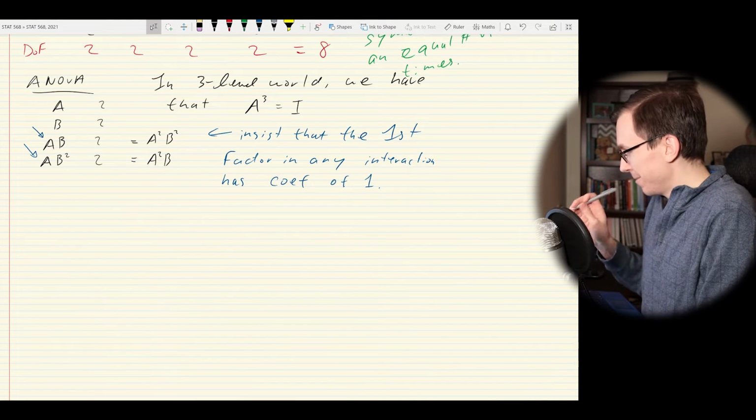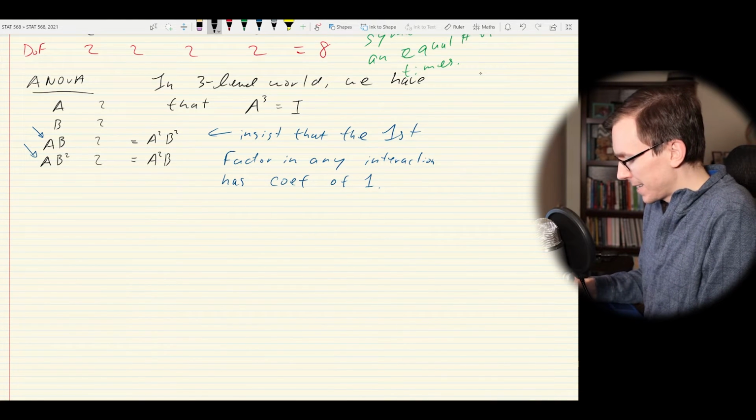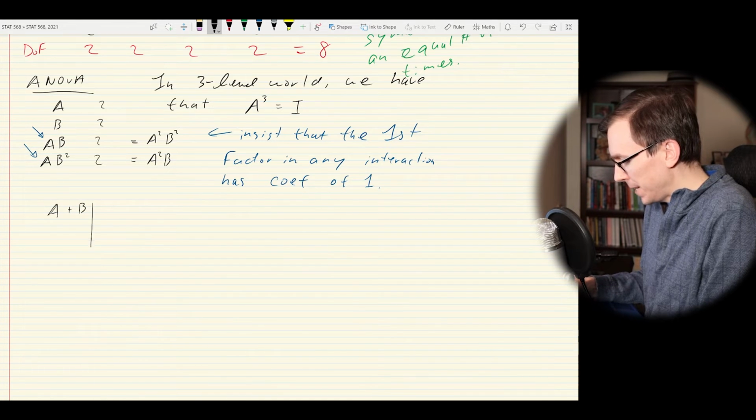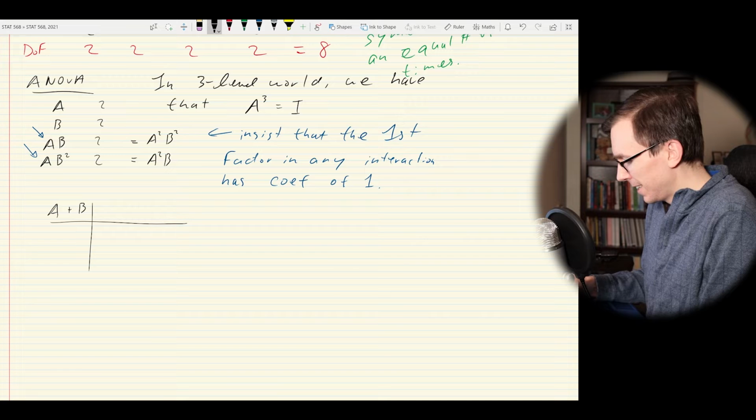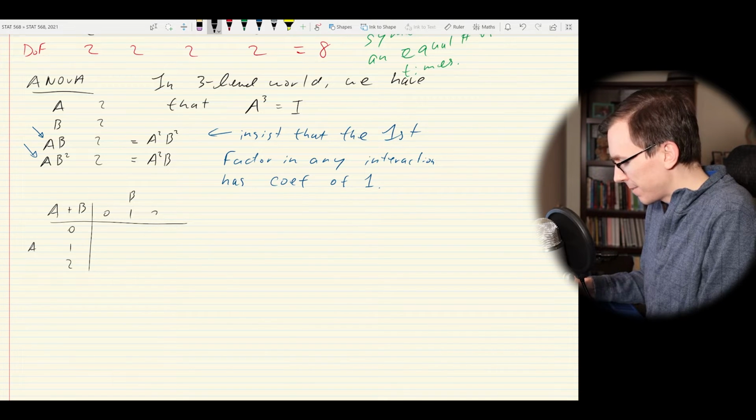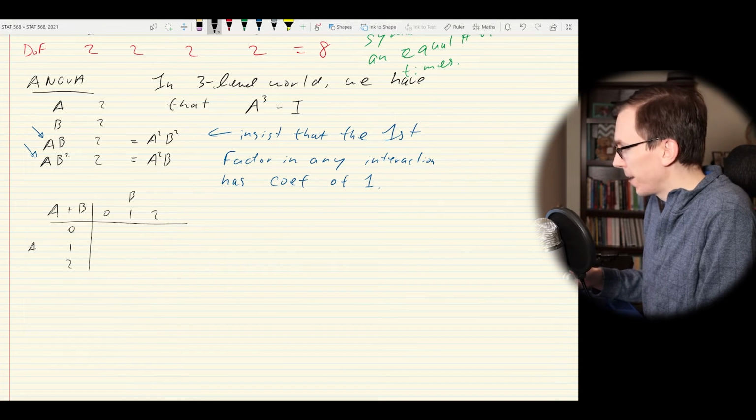Then we can consider the same table I did above, which is A plus B. And if I consider A taking the values of 0, 1, and 2, and B taking the values of 0, 1, and 2, well, we've already done this, right?